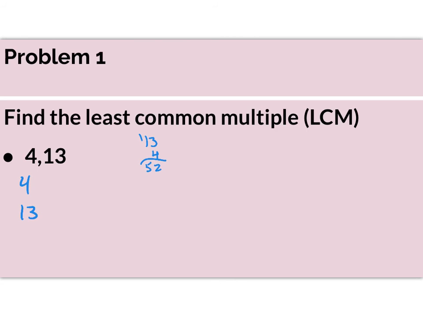So I'm guessing that 52 is going to be the lowest common multiple, because if we run through our 13s, we get 13, 26, 39, and then 52. And I know 4 doesn't go into any of these numbers but 52.